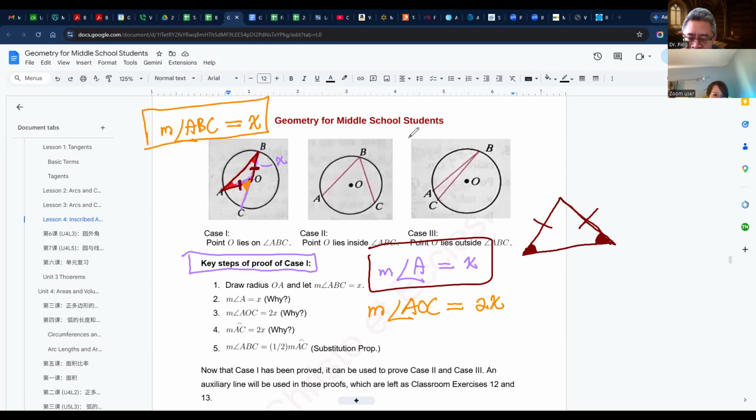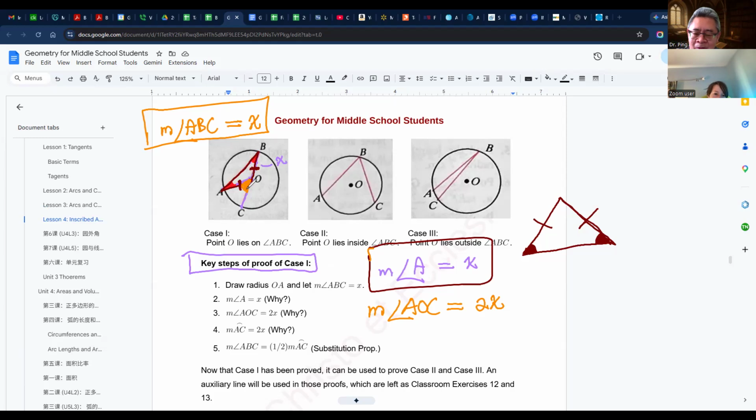Because AOB is an isosceles triangle, the measure of angle A is also x. And because of that, the measure of AOC is twice x. So why is that?